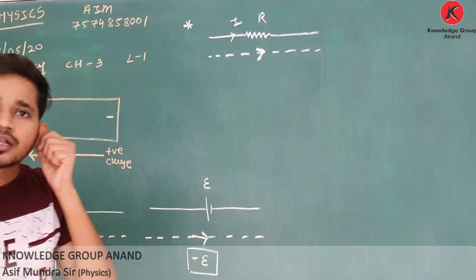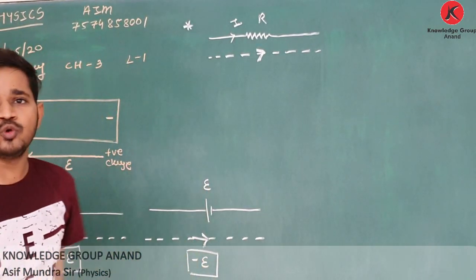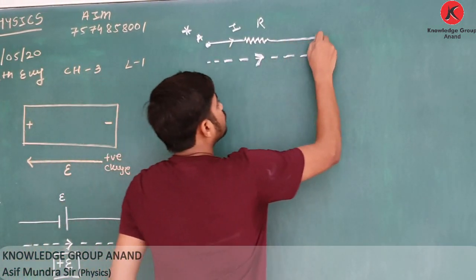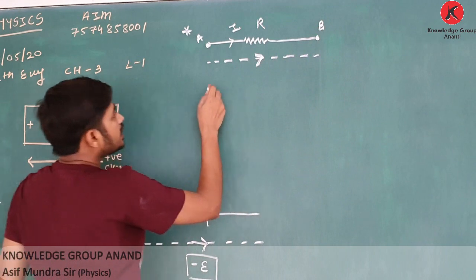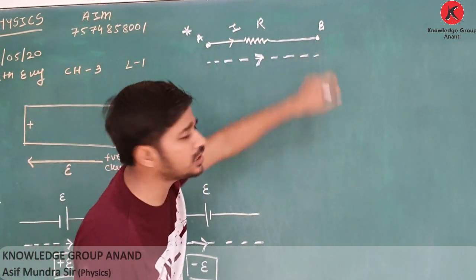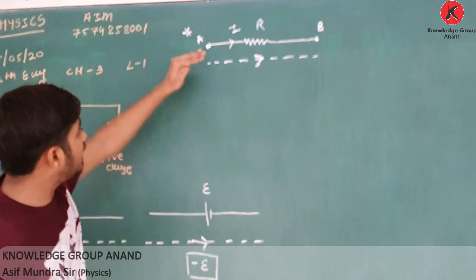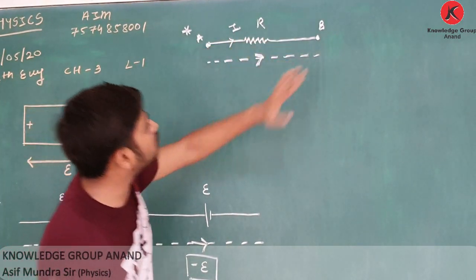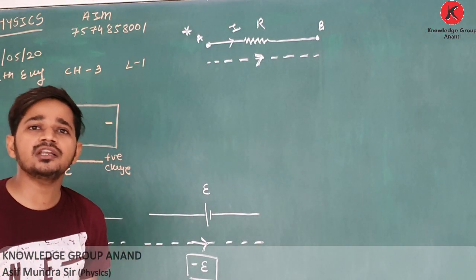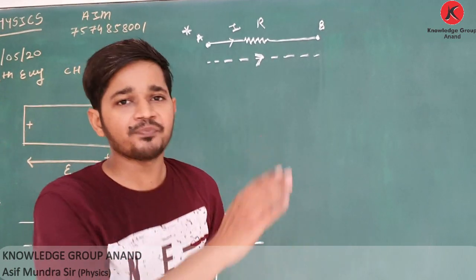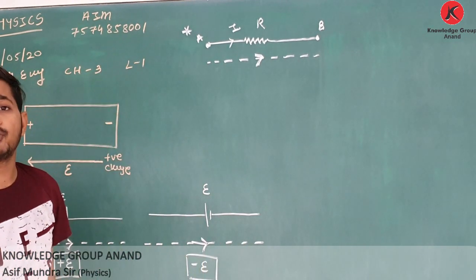We know that current flows from higher potential to lower potential. So if it is point A and this is point B, then VA is greater than VB. Point A has higher potential than point B. So it is clear that as we move from A to B in the direction of current, potential decreases, which means there is a potential drop in the direction of current.